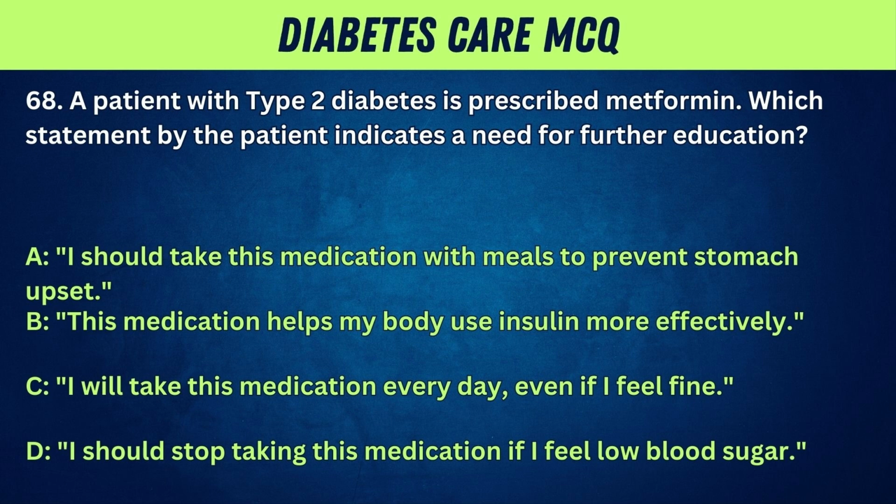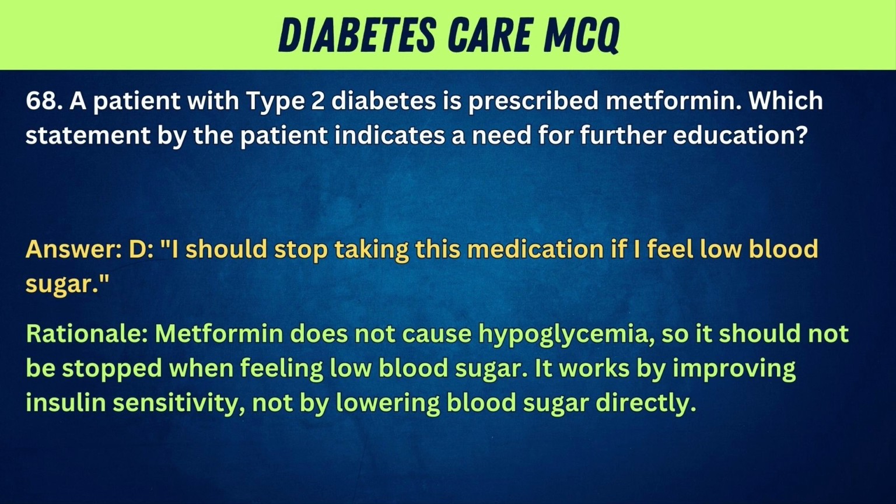D. I should stop taking this medication if I feel low blood sugar. Answer: D. I should stop taking this medication if I feel low blood sugar. Rationale: Metformin does not cause hypoglycemia, so it should not be stopped when feeling low blood sugar. It works by improving insulin sensitivity, not by lowering blood sugar directly.